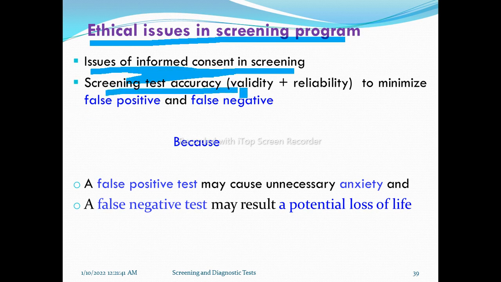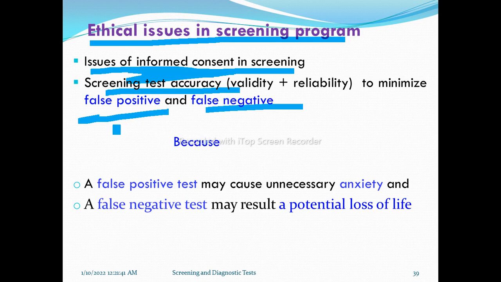Screening test accuracy, validity plus reliability. The screening test should be accurate to minimize false positives and false negatives, because telling the finding of the test to those people has some consequences.